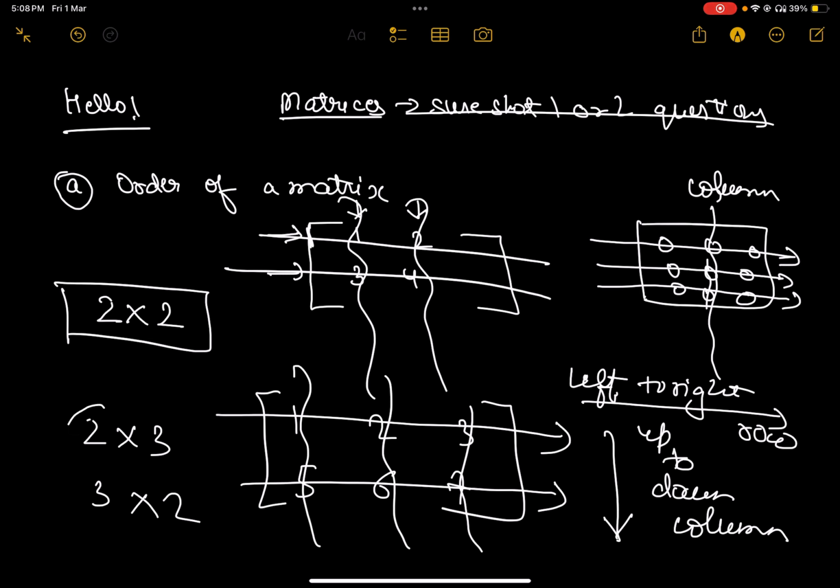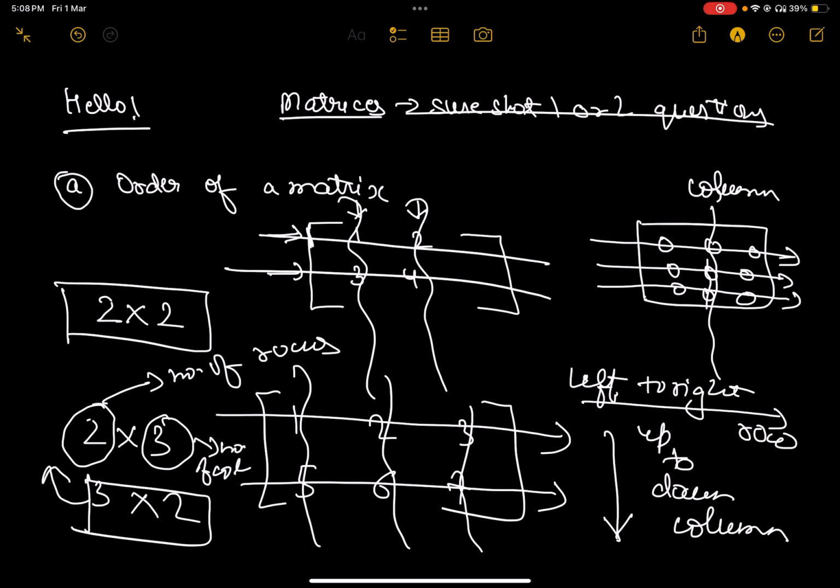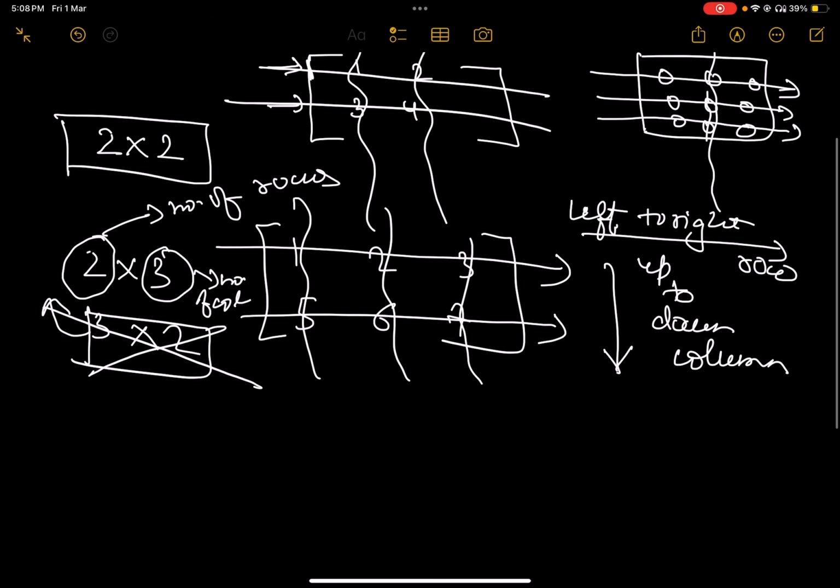The first number we write when somebody asks us about the order of a matrix is the number of rows, and the second is the number of columns. Does this matrix have three rows? No. So this is the wrong interpretation. The correct interpretation would be 2 cross 3.